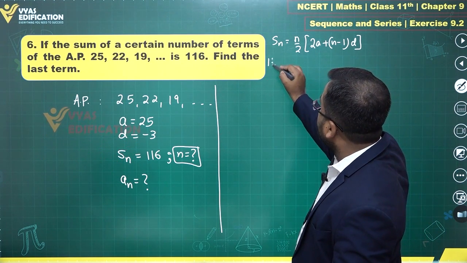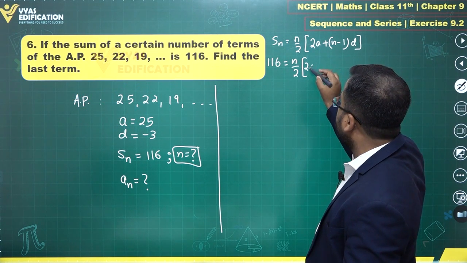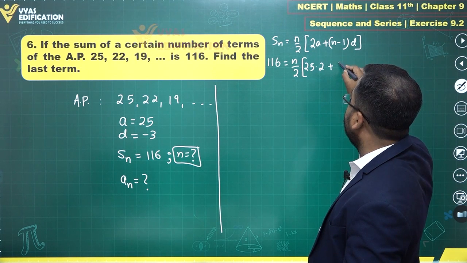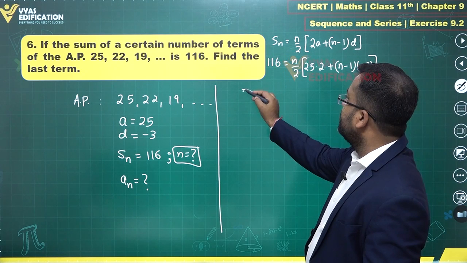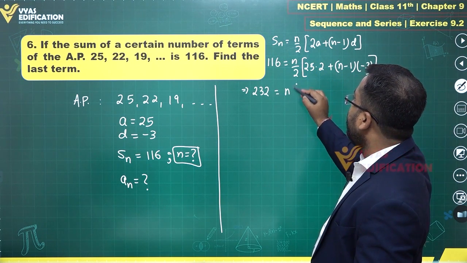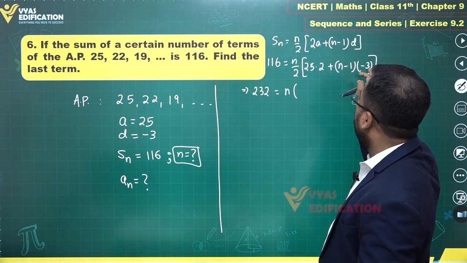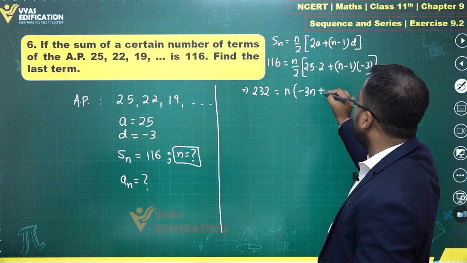Sn is 116, which is n by 2. In the bracket you have 2a, which is 50, 25 times 2, plus (n minus 1) times d, which is minus 3. What does this become? This is 232, which is n times, this is minus 3n over here, plus 3 plus 50 is plus 53.